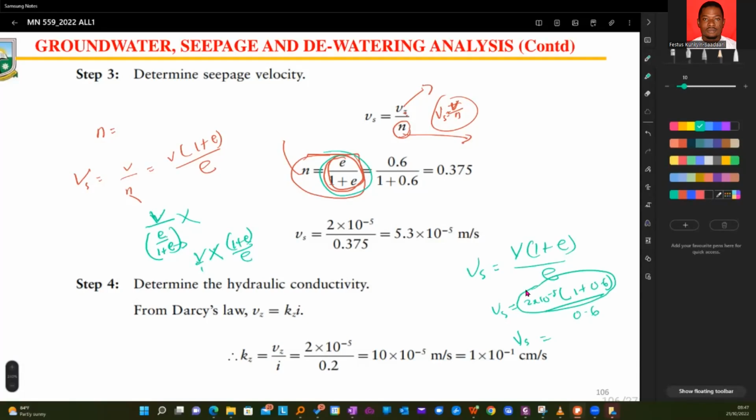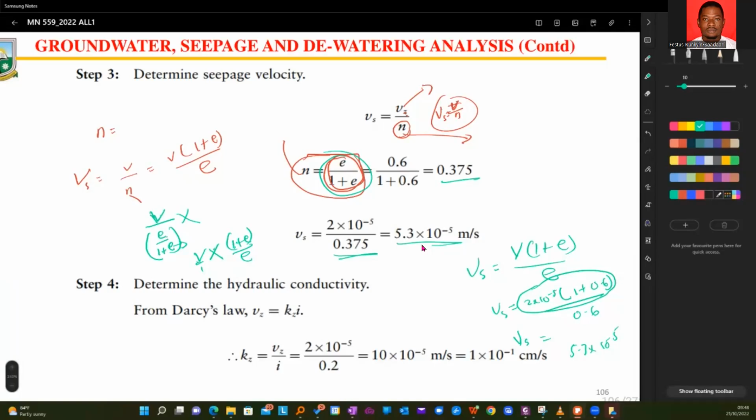We want to ensure we have the same answers. So you get 5.3 times 10 to the power negative 5. In the same way, if you compute for only the N, you would have this, and then you do your substitution, you come up with this. So at the end of the day, it doesn't matter which of them you are going with.